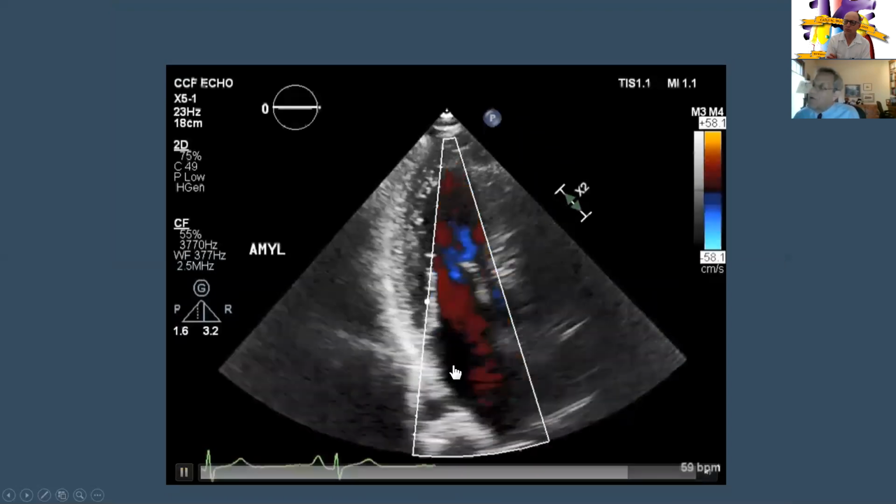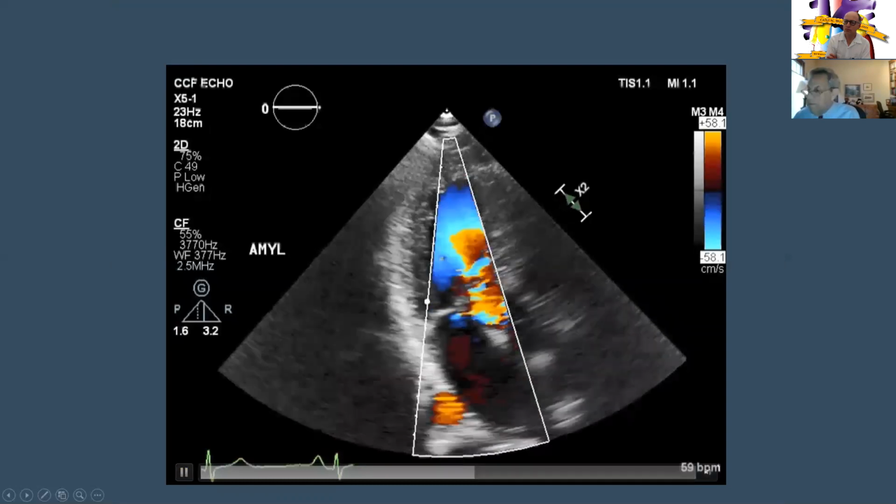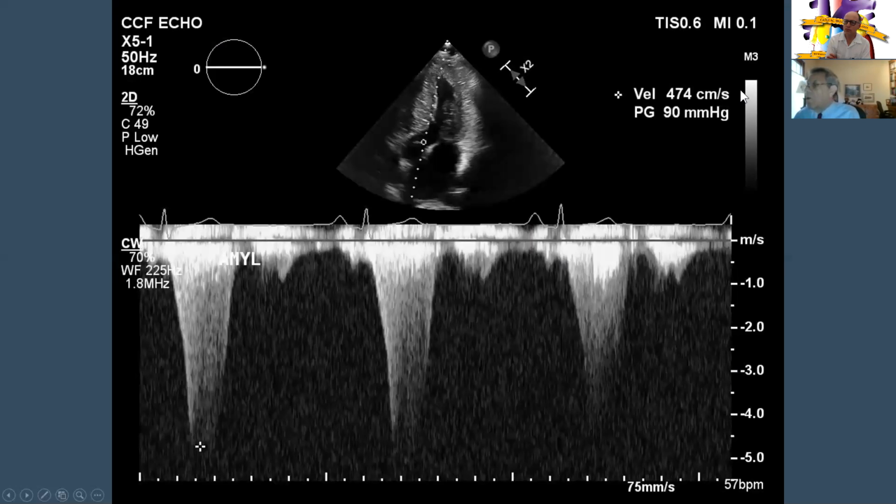And here the mitral regurgitation also increased. The gradient with amyl nitrite went to 90 millimeters of mercury. So this is a patient with rather severe hypertrophy and provocable outflow tract obstruction.